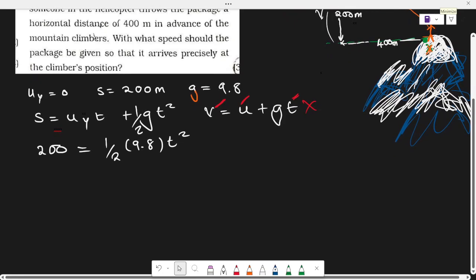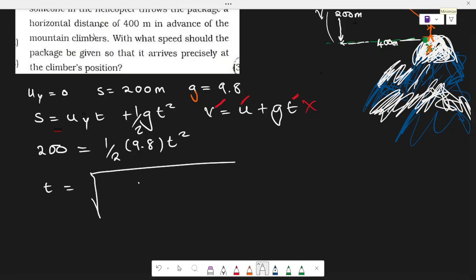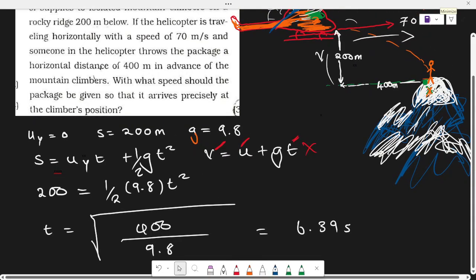Rewriting this, we find that t is equal to the square root of 400 over 9.8. Simplifying this, we get 6.39 seconds as our total time of flight.